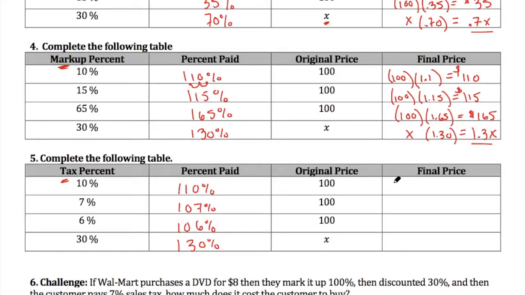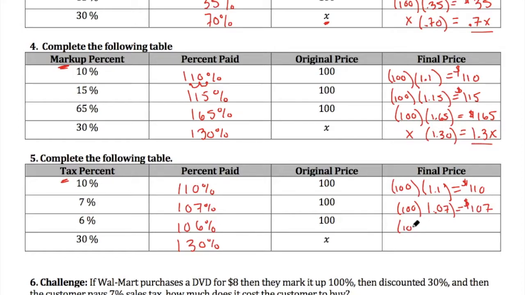All right, so if we go ahead and do the same thing, 100 times the decimal equivalent, 1.1, we're going to get $110. If we do 100 times 1.07, make sure you don't call that 1.7, we're going to get $107.